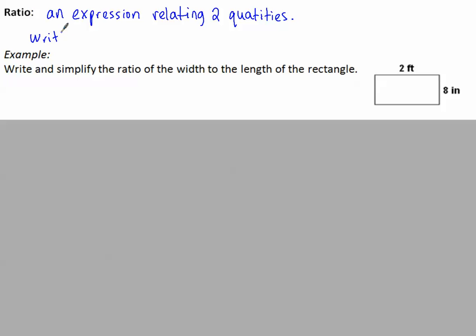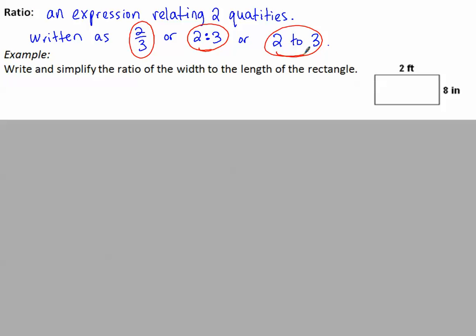Different ways it can be written are as a fraction, like 2 over 3, or 2 to 3, or with a colon, 2:3, or literally using words. So 3 different ways: a fraction, with a colon, or with words.